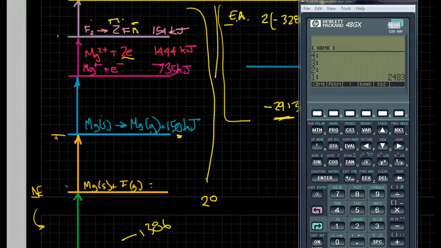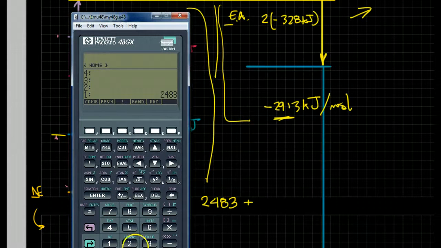2483 kilojoules, plus. Now I'm going to look at this other side over here. And that's going to put me at negative 328, 2 times, and that's electron affinity. And the next part is going to be negative 2913.